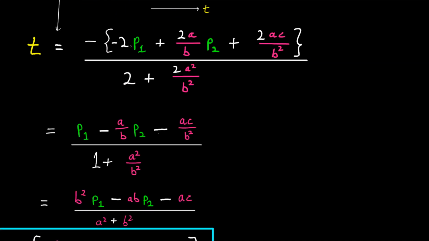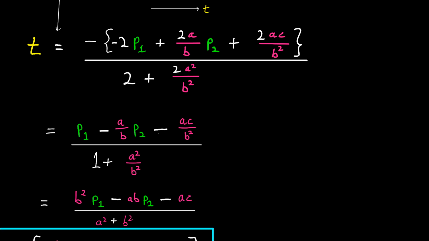And then we simplify a little bit. We pull a minus 2 out of the top, and that cancels the minus sign here. And we get p1 minus a over b p2 minus ac over b squared. So all I did was pull minus 2 out of this brace, and that cancels with the 2 on the bottom, and we get 1 plus a squared over b squared.